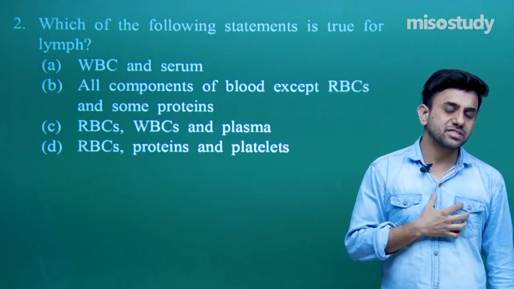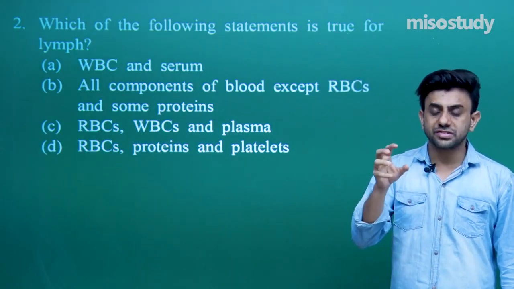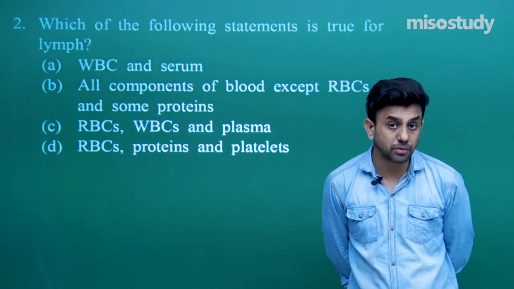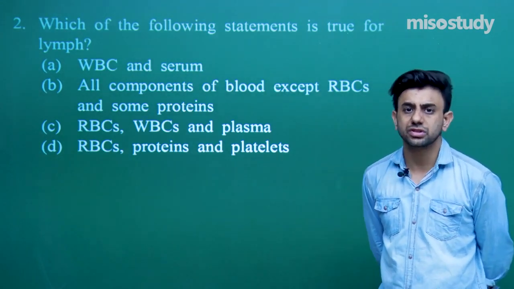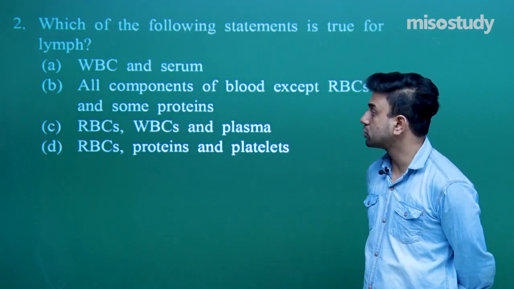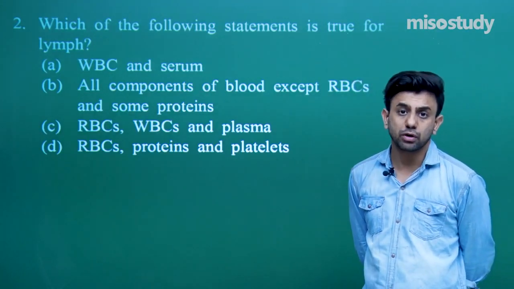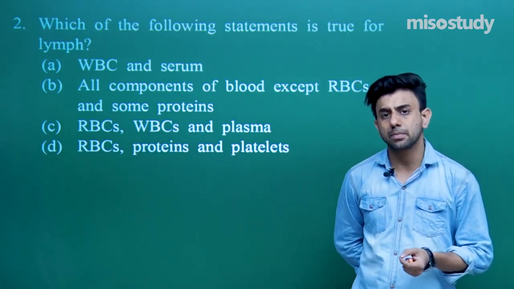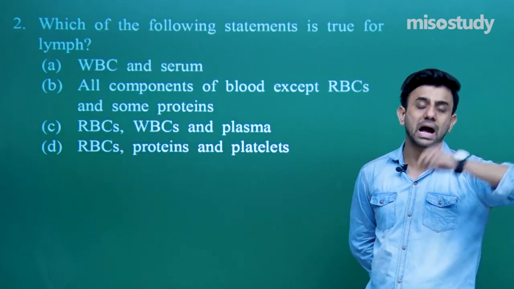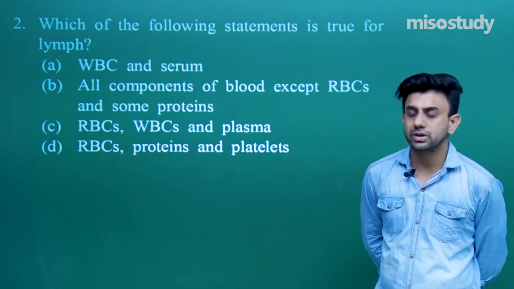What happens is the blood comes out through certain defects in the endothelium of the capillaries, and that comes into the interstitial tissues and is known as the lymph. Now lymph will finally flow into the lymphatic capillaries, and it will come back into the venous system.